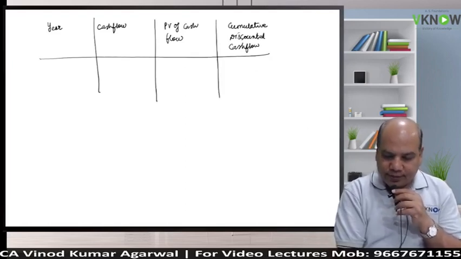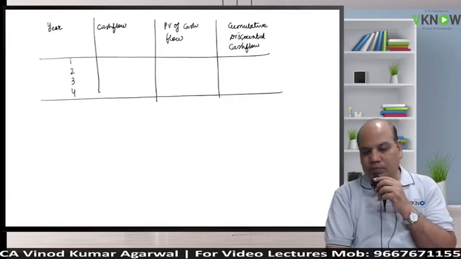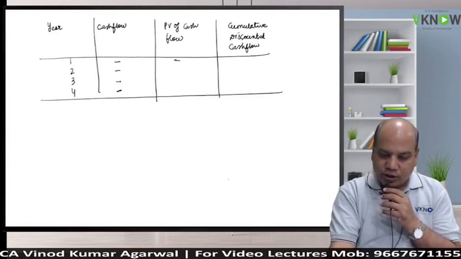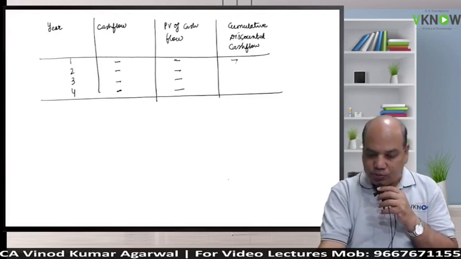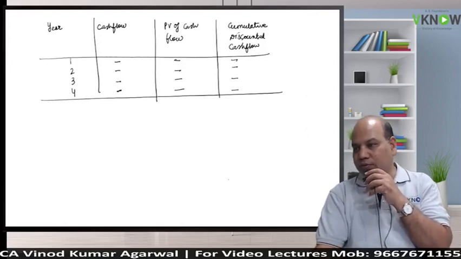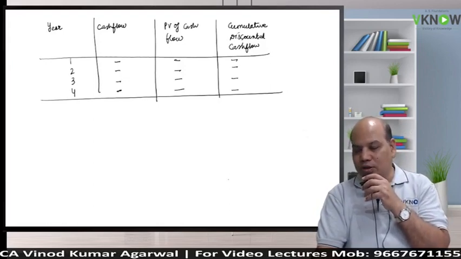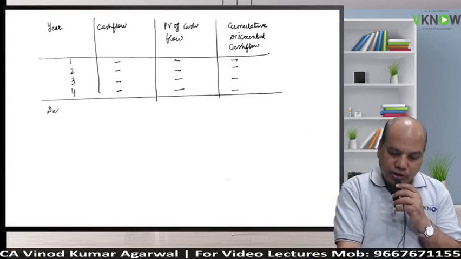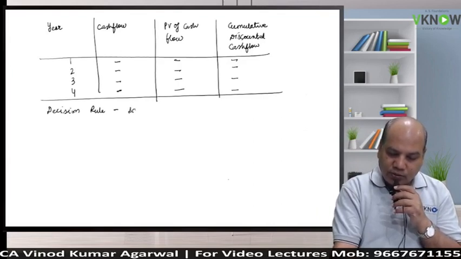Cash flows will be given to you. First convert at cost of capital, PV of cash flow, then compute cumulative cash flow, and then find out between which 2 years you are going to recover your initial investment, and then find out the discounted payback period. What about the decision rule? Decision rule, same as payback period.